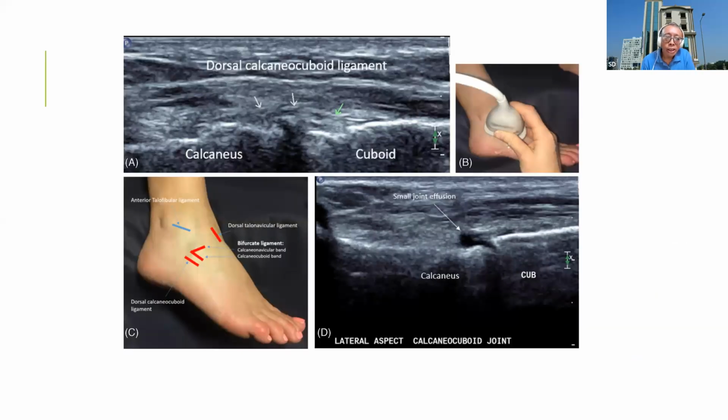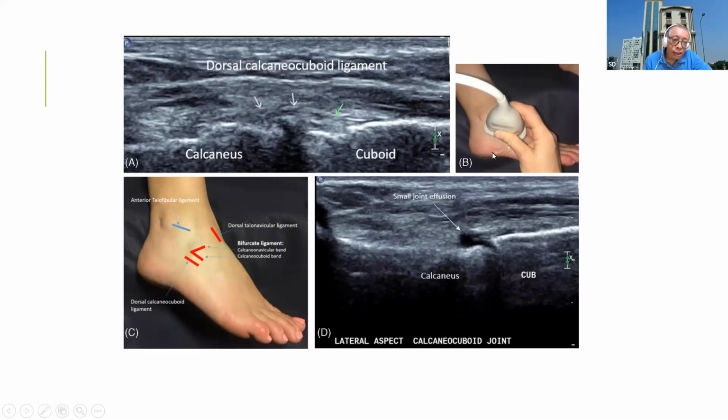So here you can see how you examine the bifurcate ligament. You can see he's examining the lateral aspect of the ankle, using a high-frequency linear probe, and the orientation of the probe is similar to the sole of the foot.